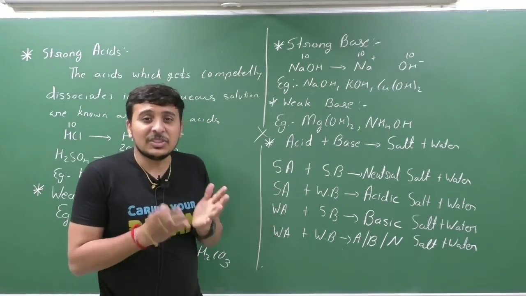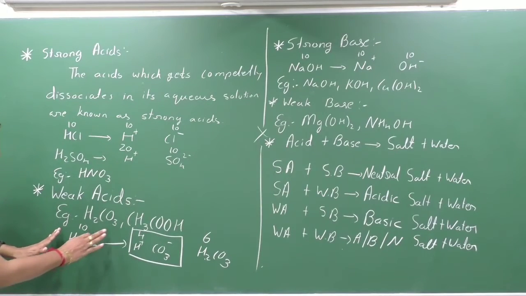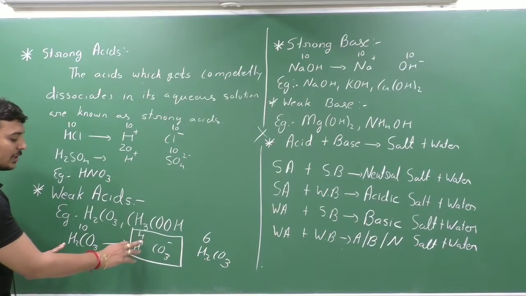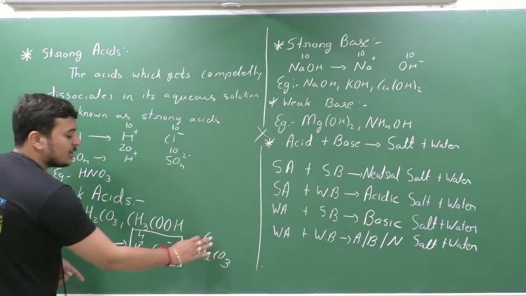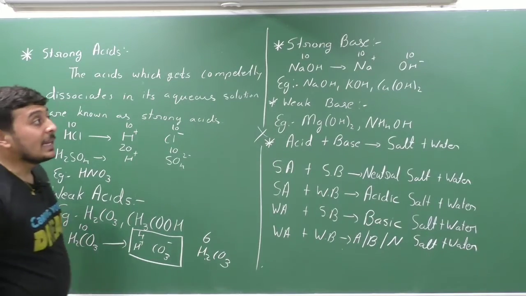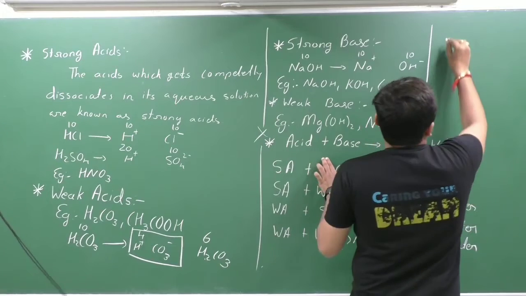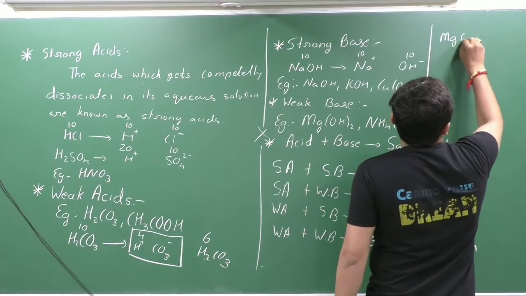Why? The question arises why? Because see here, this is H2CO3. Suppose out of 10 H2CO3, only 4 H2CO3 get ionized and the 6 H2CO3 remain as they are. For example, there is a weak base, magnesium hydroxide.